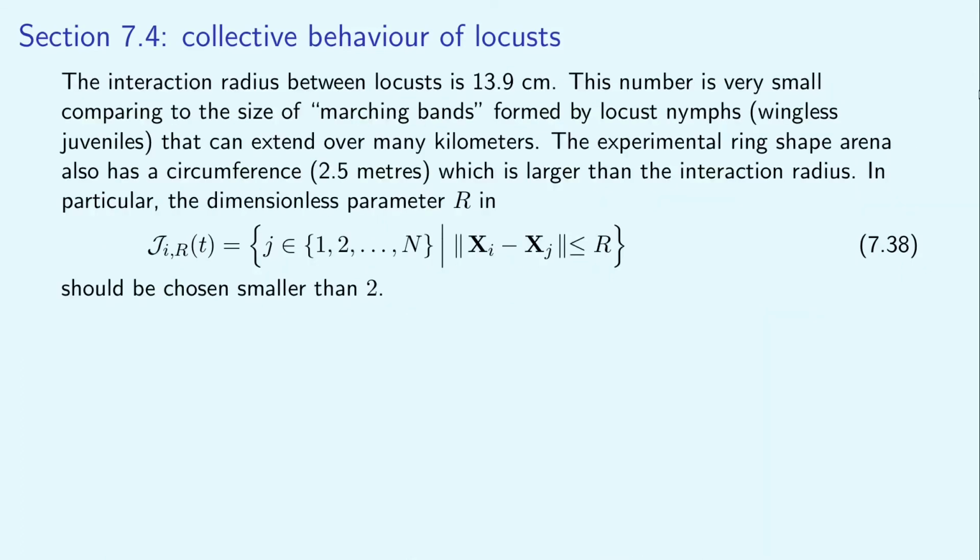If the dimensionless interaction radius r is equal to twice the radius of the unit circle, that is, if r is equal to 2, then each locust will interact with all other locusts. So we are interested in the values of r which are less than or equal to 2. In experiments, the interaction radius between locusts is 13.9 centimeters. This number is very small compared to the size of marching bands formed by locust nymphs, wingless juveniles, that can extend over many kilometers.